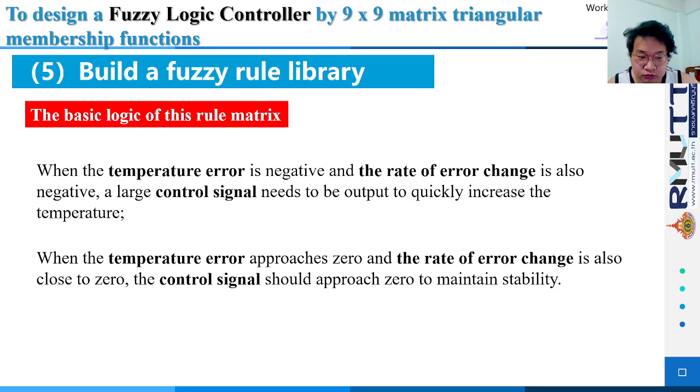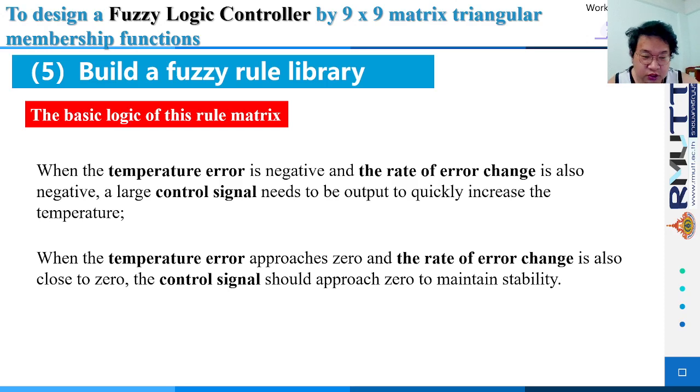The rows and columns of the matrix correspond to different fuzzy sets of the two input variables, and each element in the matrix corresponds to a fuzzy rule.